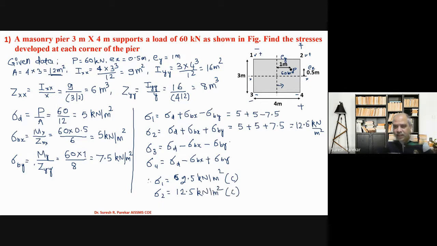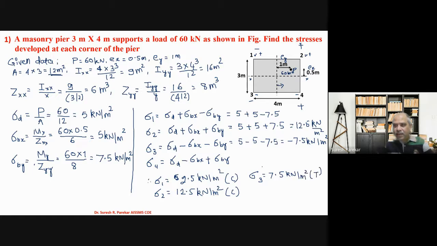Then sigma 3, if we go, 5 minus 5 minus 7.5, which will be equal to minus 7.5 kilonewton per meter square. So we have sigma 3 as 7.5 kilonewton per meter square, but it is tensile.